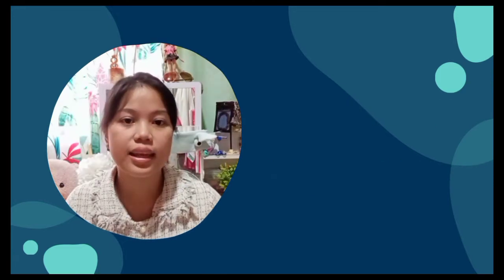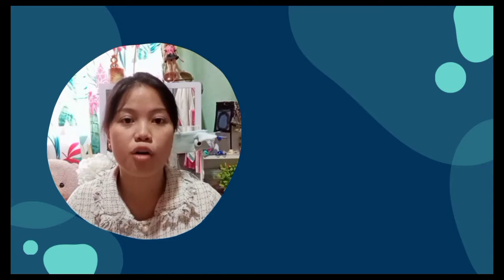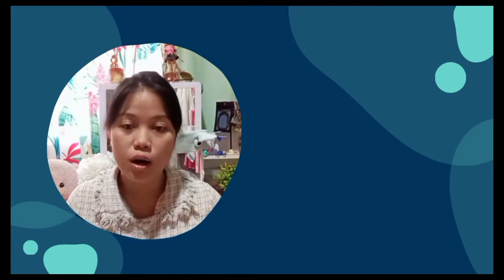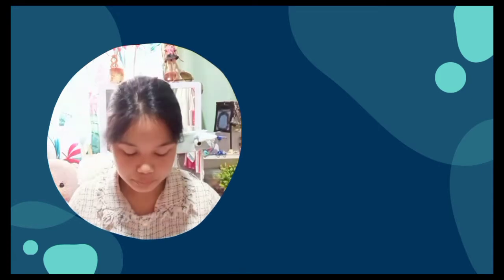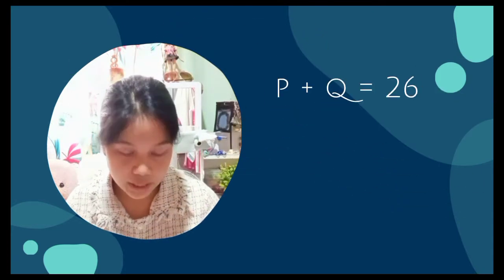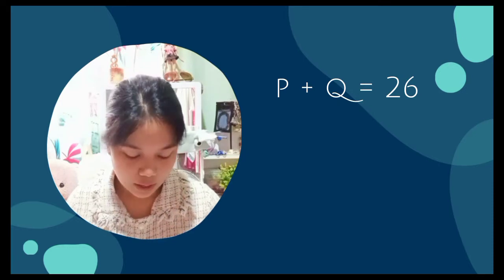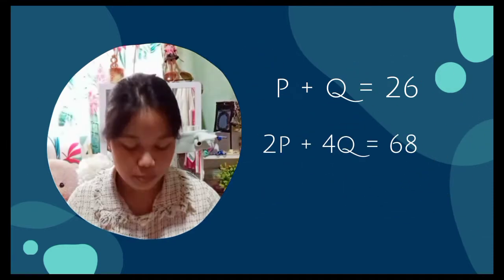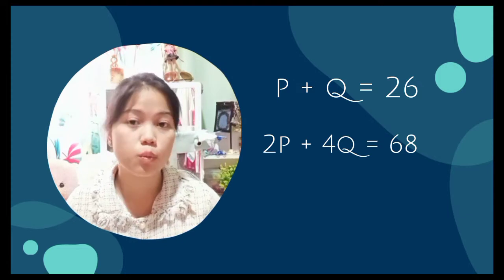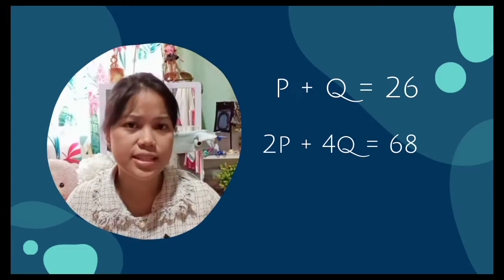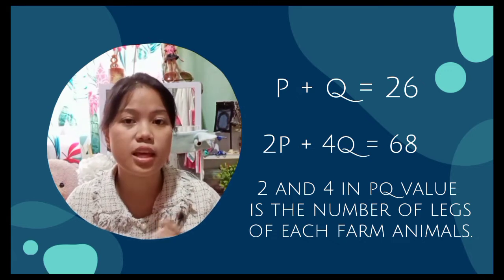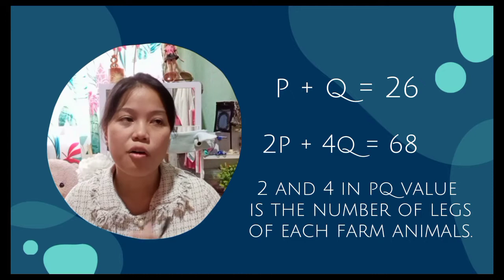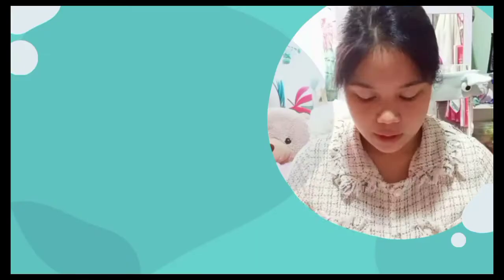Doing our guessing, let's use P and Q values. Let P be the number of ducks on Marilyn's grandmother's farm, and Q the number of sheep. Thus we arrive at P plus Q equals 26, while 2P plus 4Q equals 68. Notice that the 2 and 4 are the number of legs of each farm animal.